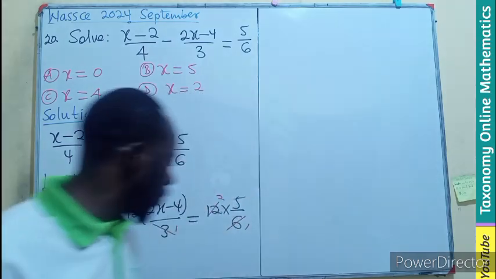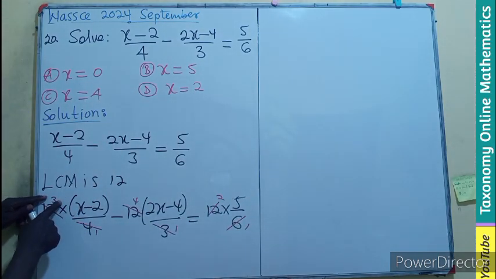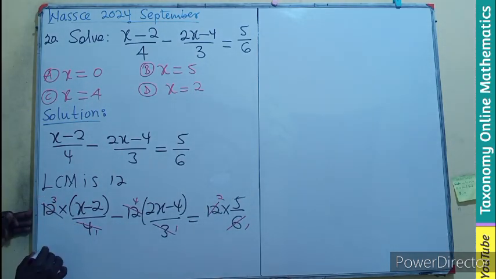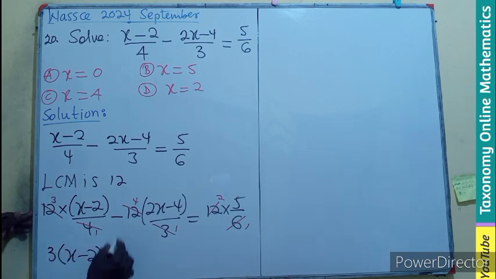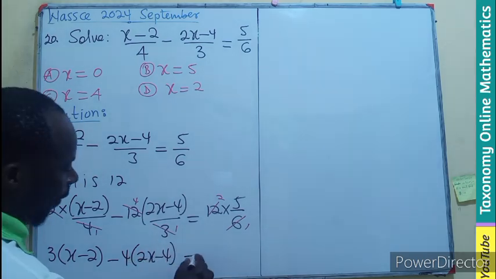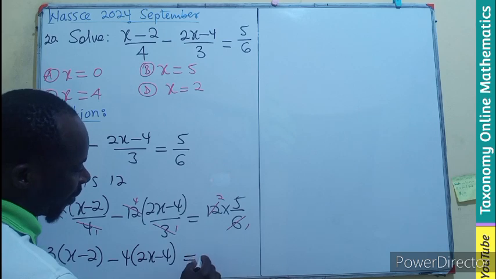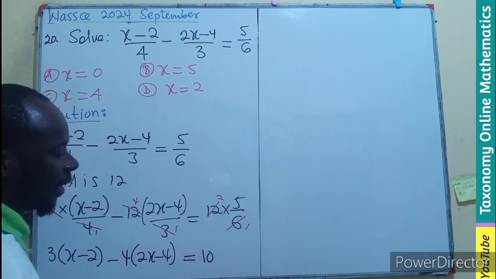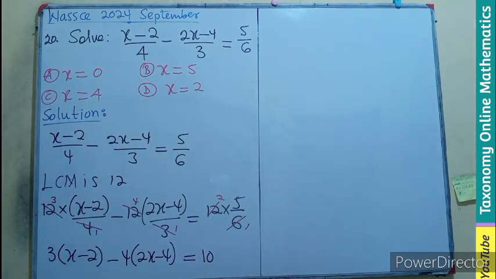So now we use the factor here to multiply the bracket, meaning 3 into the bracket (x - 2) divided by 1, which remains the same. 4 into the bracket (2x - 4) divided by 1, which remains the same. Then 2 times 5, and that gives us 10 divided by 1. So the next thing to do is to expand this bracket.